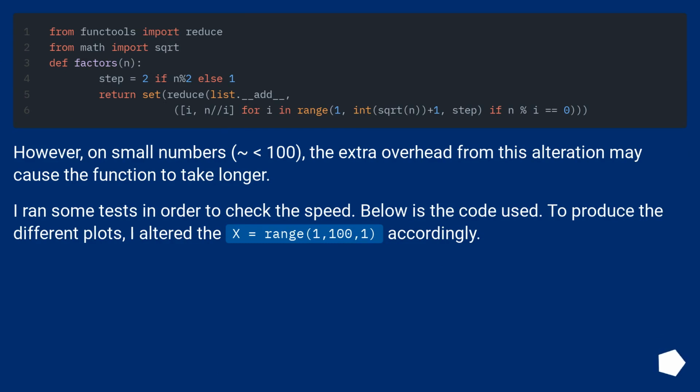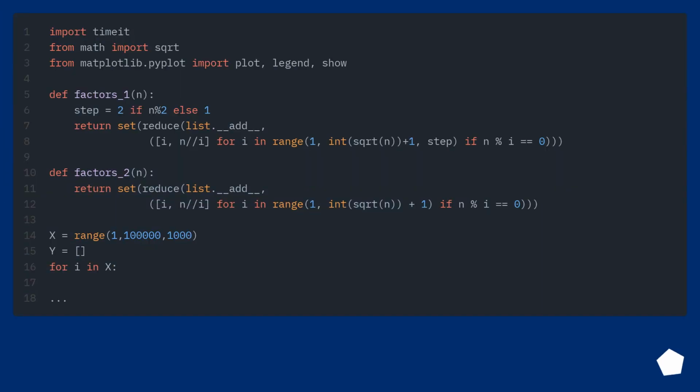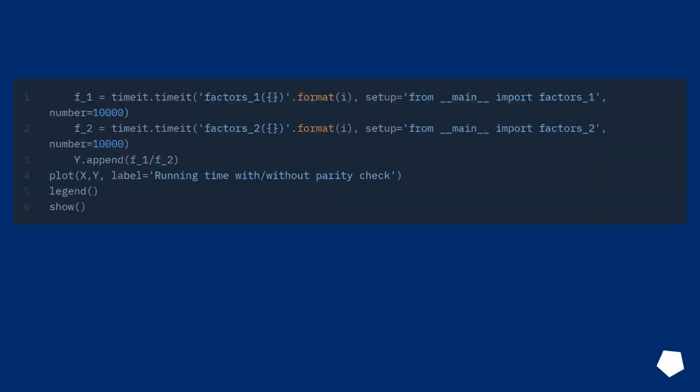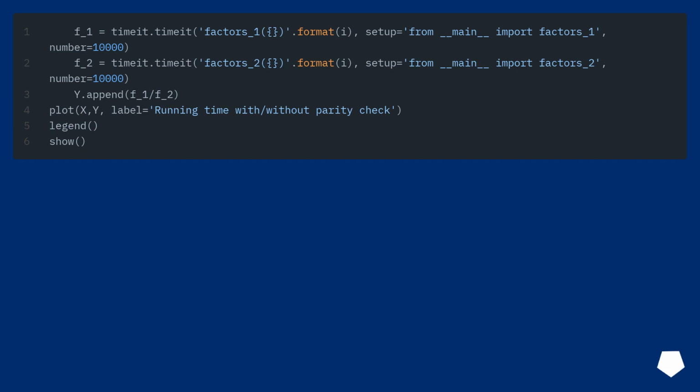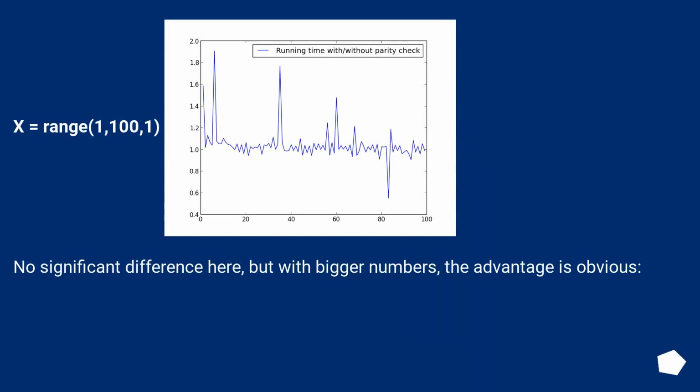To produce the different plots, I altered the x = range(1, 100, 1) accordingly. No significant difference here, but with bigger numbers, the advantage is obvious.